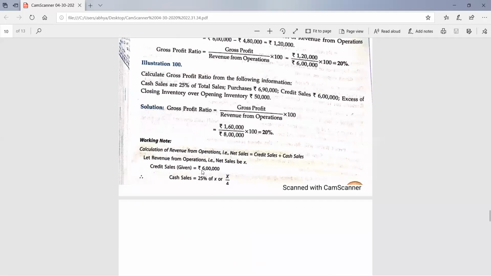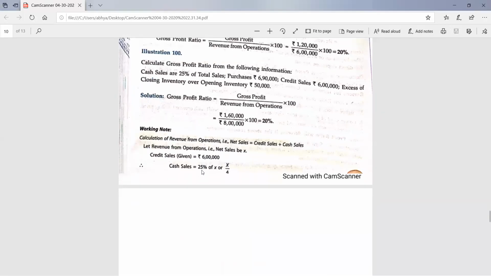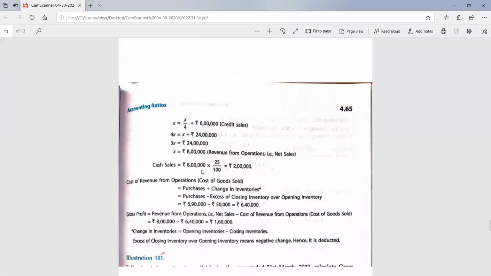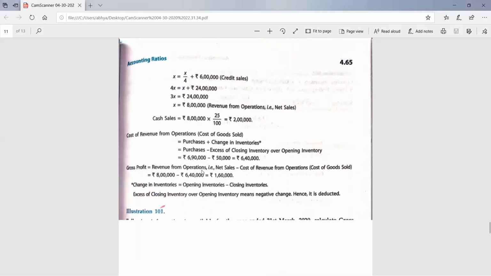Yes, students, total sales are here, 8 lakh. Now find out the cost of RFO.